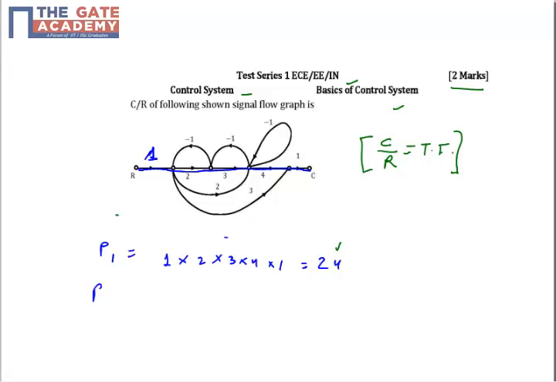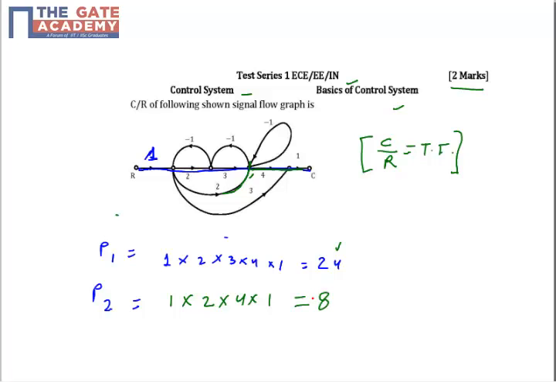Second forward path P2 is, again, you can see that from 1 we have this parallel path of gain 2 and then again 4 and 1. So the second forward path is 1 into 2 into 4 into 1, which is equal to 8.